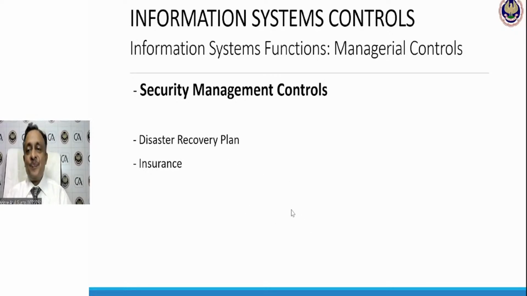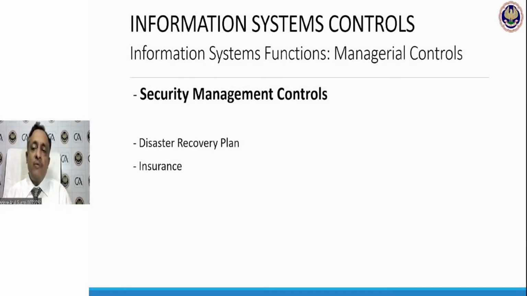Day before, yeah. So security management controls. Here we were. Now, when you talk of security management control, the idea is the security of the whole entity per se. So that includes disaster recovery plan and insurance. Disaster recovery plan is for a huge catastrophic event like a fire or flooding, which you generally refer to as environmental factors.